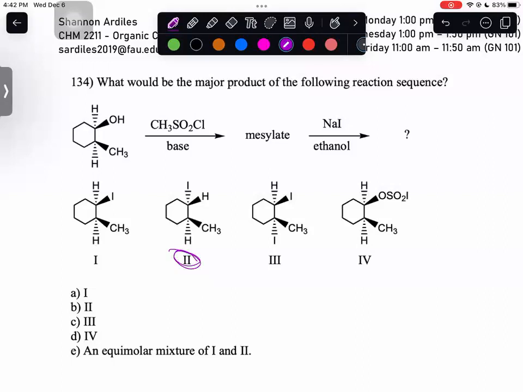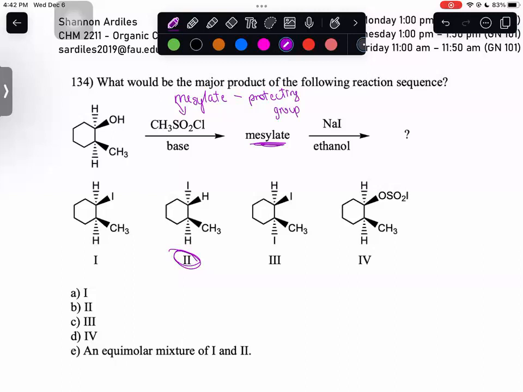It is molecule two. First one, what kind of reagent is that? It's mesylate. It's just mesylate, which is a protecting group.